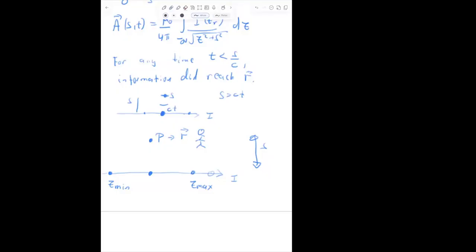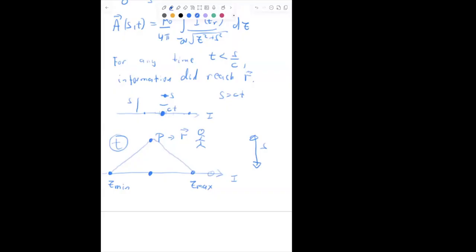What I mean here, I'm looking at this problem for some time t. So this Z min and Z max, they depend on time t. What will happen when time t is bigger and bigger and bigger? I think it's very clear for you. At the beginning, only this guy sends information, then a little bit more and a little bit more information. So when t is very large, Z max and Z min are going to go to plus infinity and minus infinity. But now we have a finite time, and then there is kind of what we call a light cone.